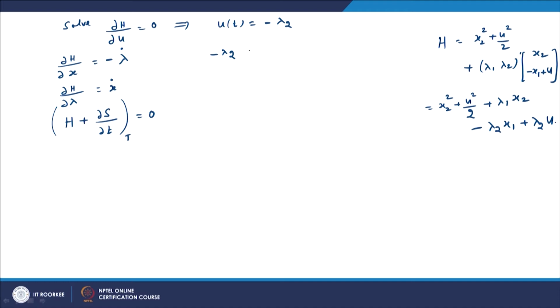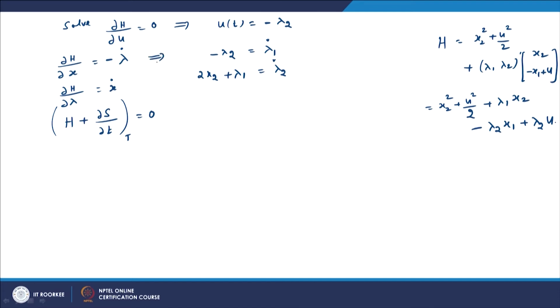That is equal to lambda 1 dot, the first one. The second variable is del h by del x2, which is 2x2 plus lambda 1, and that is equal to lambda 2 dot from this equation.